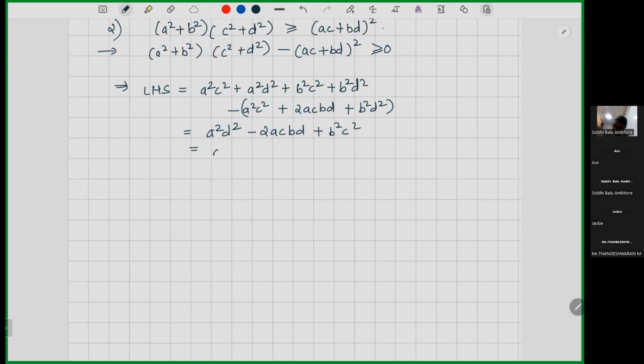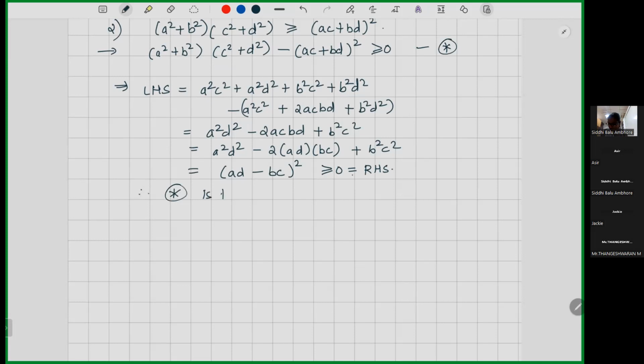To make this clear, I can write this as AD minus BC whole square, which is anyway greater than or equal to 0, which is the RHS as we needed. Therefore, if I call this star, then star is true. Okay, so this statement is true, therefore star holds.